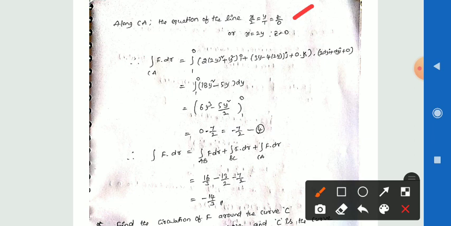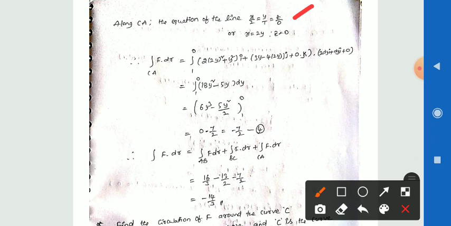Taking integration CA f dot dr, the limits are integration 1 to 0. Substituting x is equal to 2y and z is equal to 0, we get (2 into 2y square plus y square) i plus (3y minus 4 into 2y) j plus 0 k, with dr being 2 dy i plus dy j plus 0.